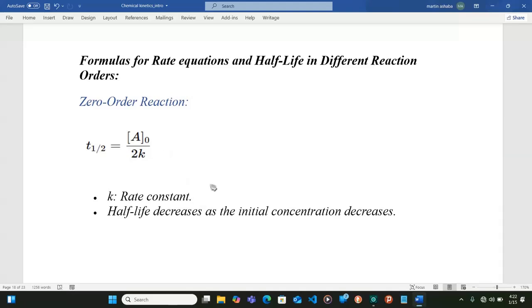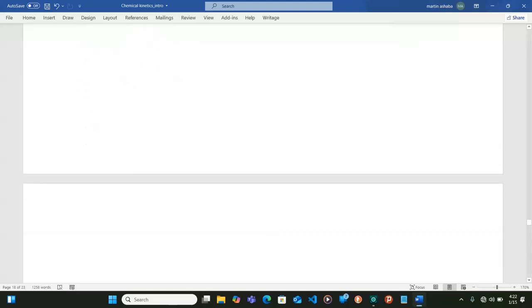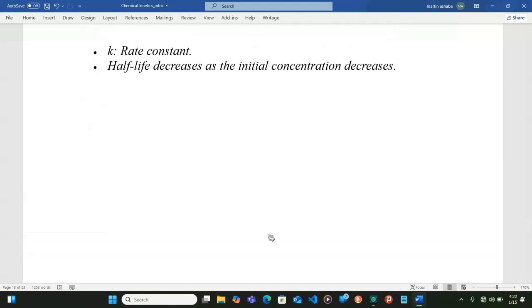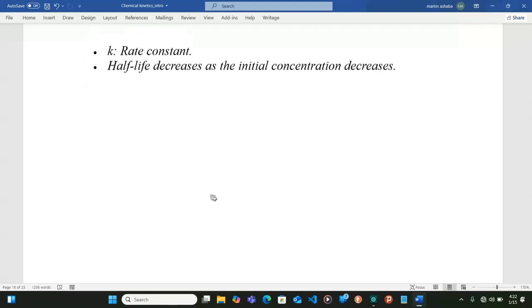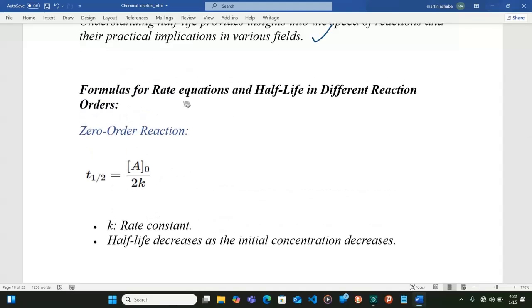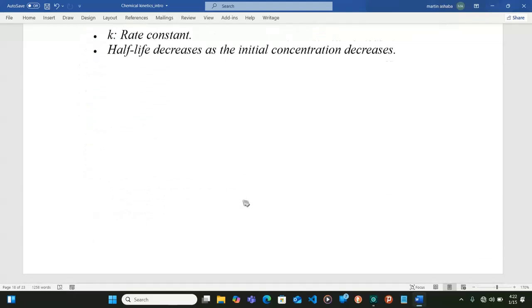Here k is the rate constant, and the half-life decreases as the initial concentration decreases. Now we are going to look at how we generate this equation, and also how we look at the rate equation in case we are given particular conditions.